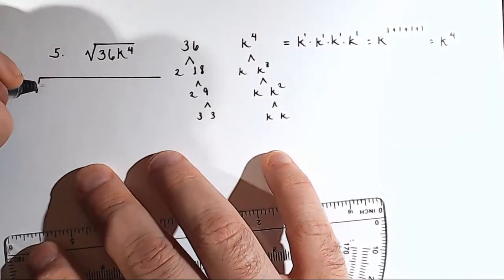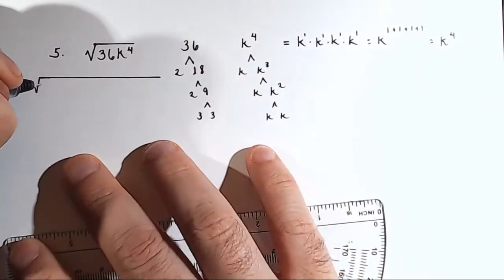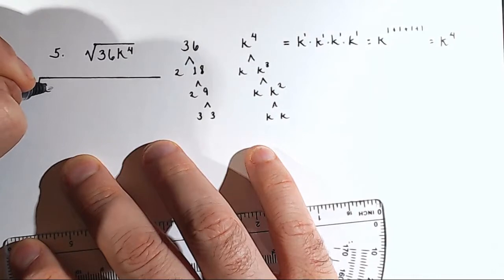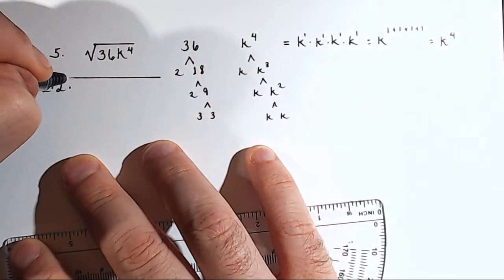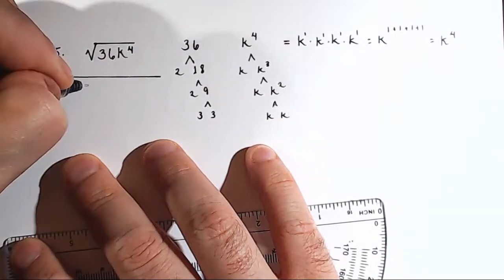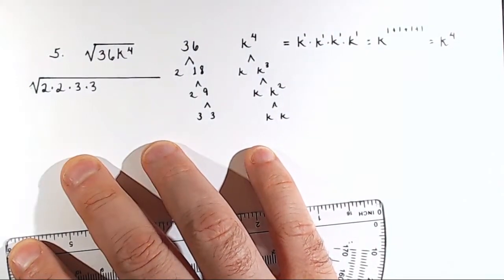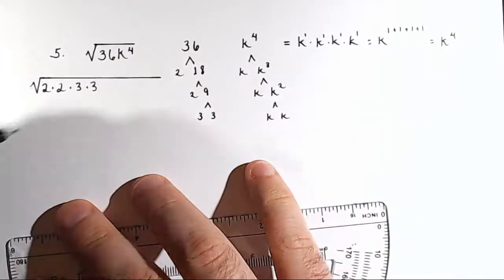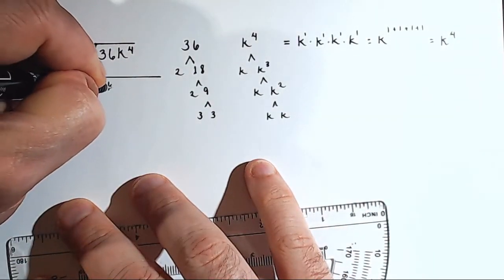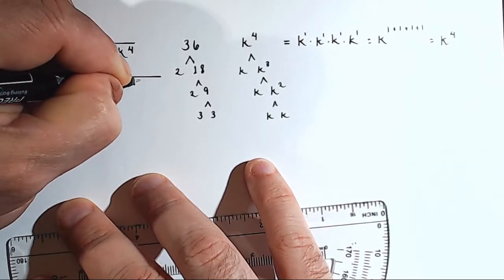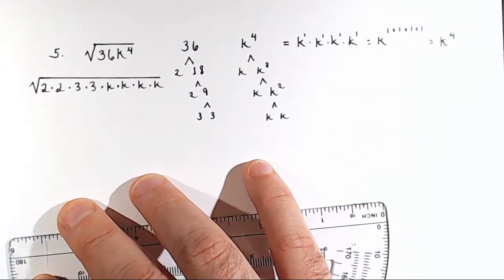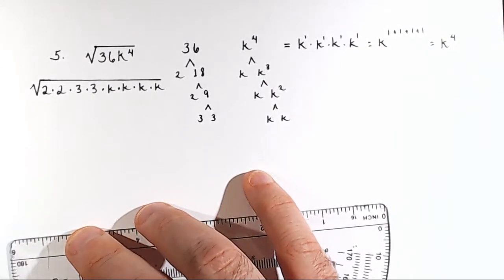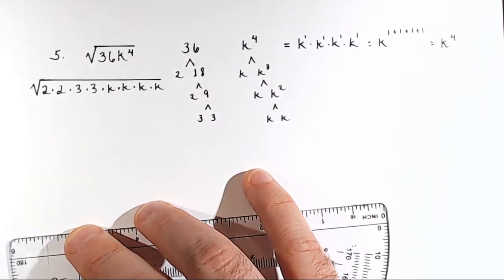Instead of writing 36, I'll write the product of the primes: 2 times 2 times 3 times 3. And instead of writing k to the 4th, I'll write times k times k times k times k. Now this is that step where we think we've made it worse, but we haven't. We're on the verge of making it very easy.